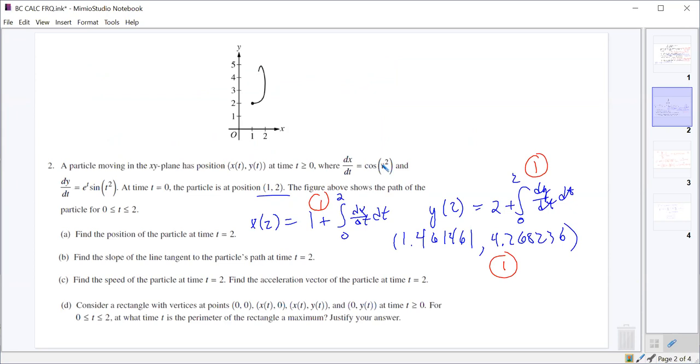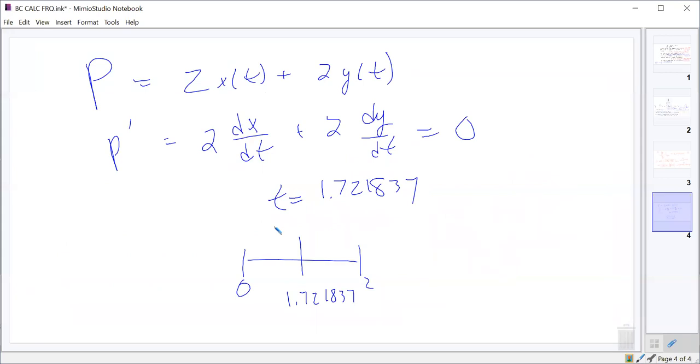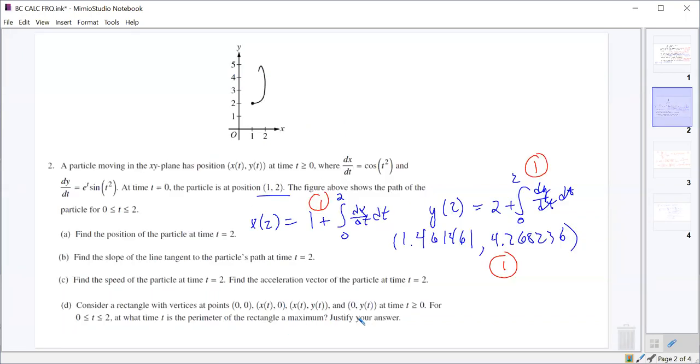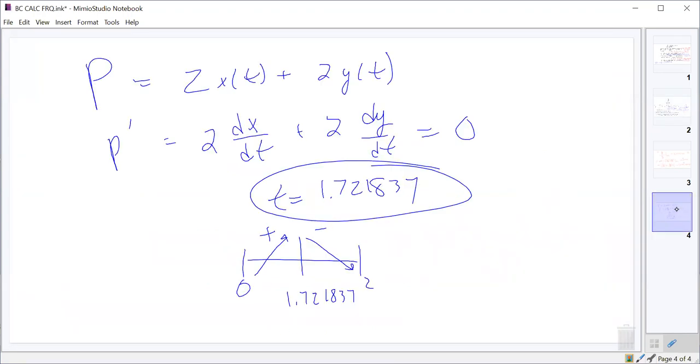Cosine of 1 is positive, sine of 1 is positive, times an e is positive. So that'd be increasing. And then if you plug in something greater than this, but less than 2, it must come out to be negative. And so you'd end up showing that the maximum occurs at that t value. And that's all it asks. When is the perimeter max? So that t value.